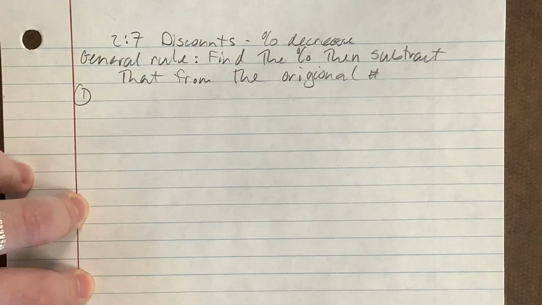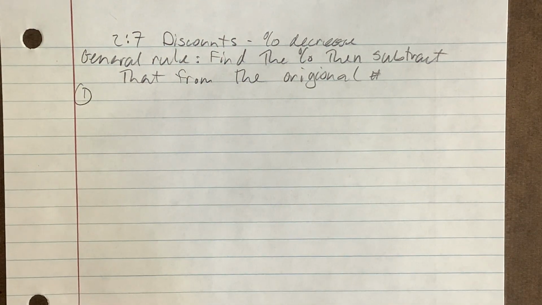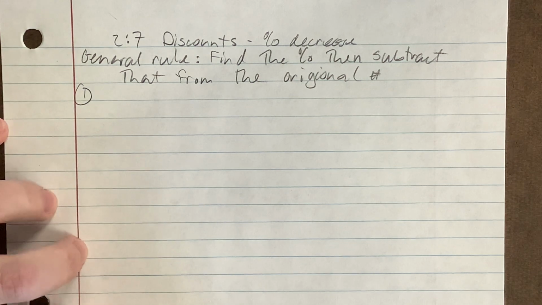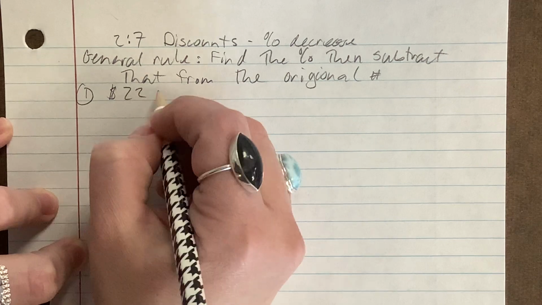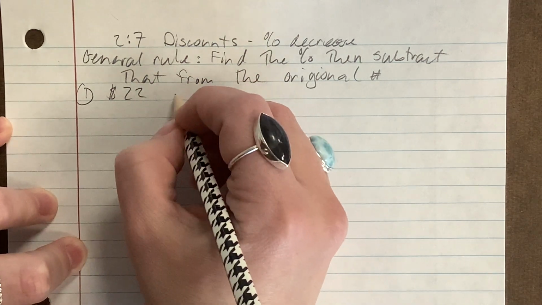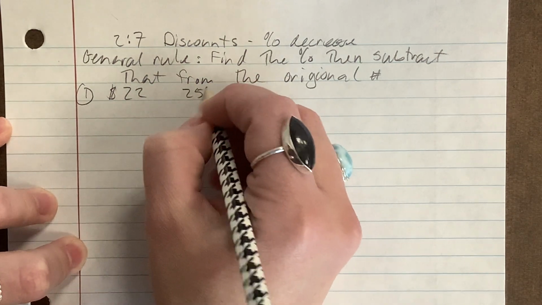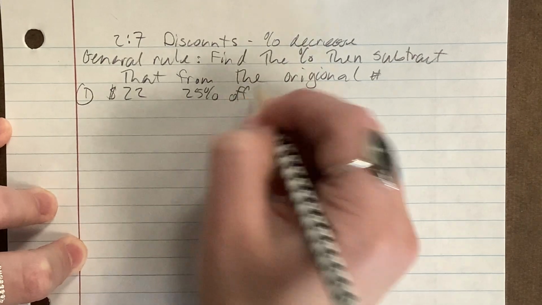First one says a DVD normally costs $22. This week it's on sale for 25% off. So it normally costs $22, and right now it is 25% off.